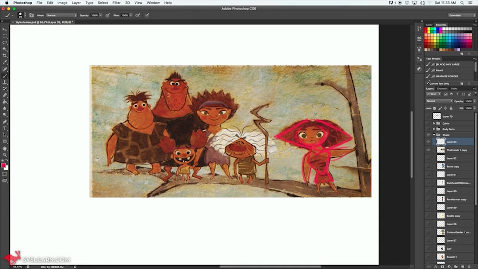Same with him. Lots of diamond shapes going on in these characters, diamonds and diamonds and diamonds, but then balanced with the roundness. And what happens when you get diamonds and rounds coming together, you get that contrast, which is just visual interest. Something to think about there as well.